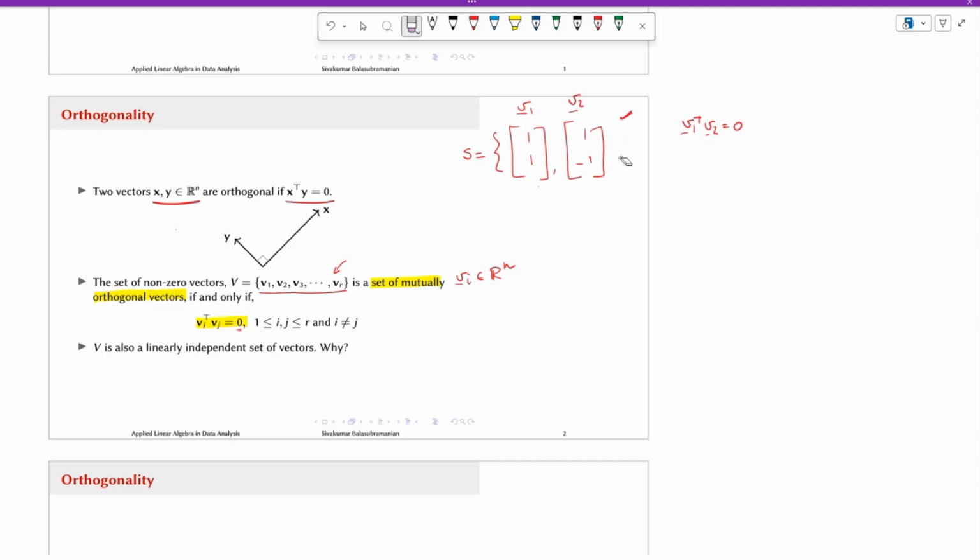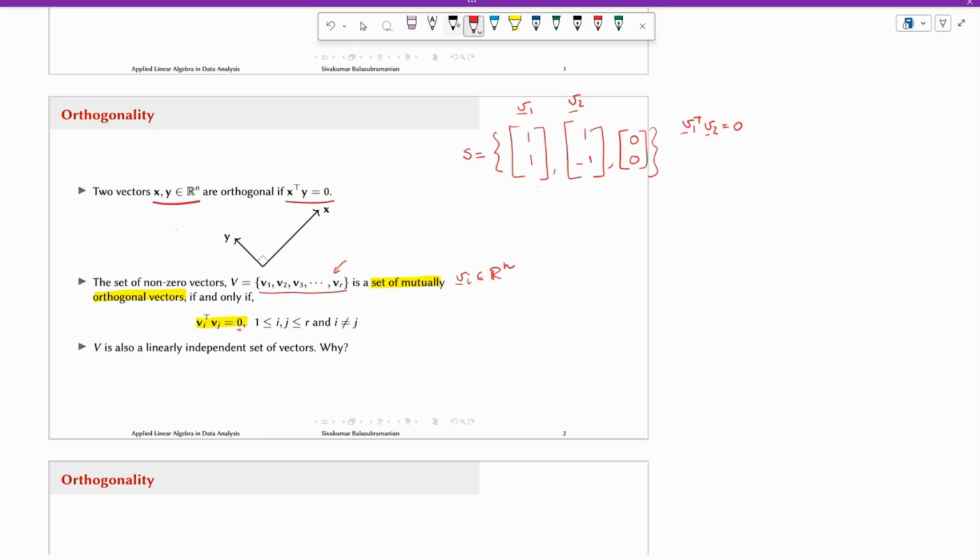Now, if I go and add a third vector, is this still mutually orthogonal? Yes. You have essentially not done anything by adding the 0 vector.